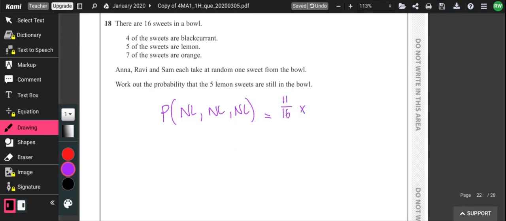Then we're going to have another not lemon, but there's going to be 15, and another not lemon out of 14. Okay, so we're going to try and cancel some of these. And we get 33, and 8 times 14, which is 112.